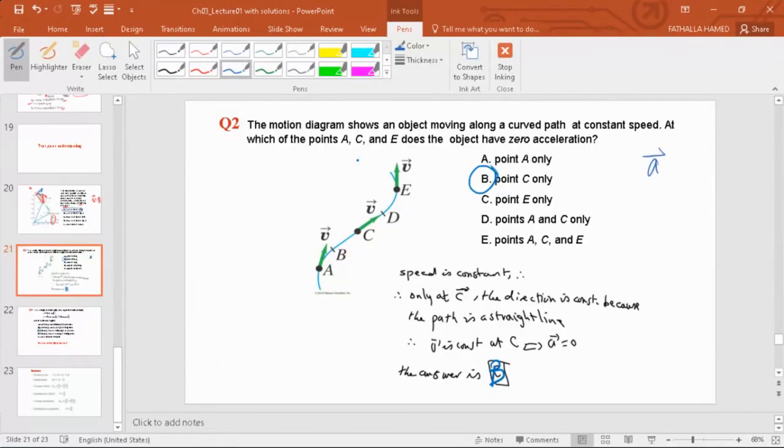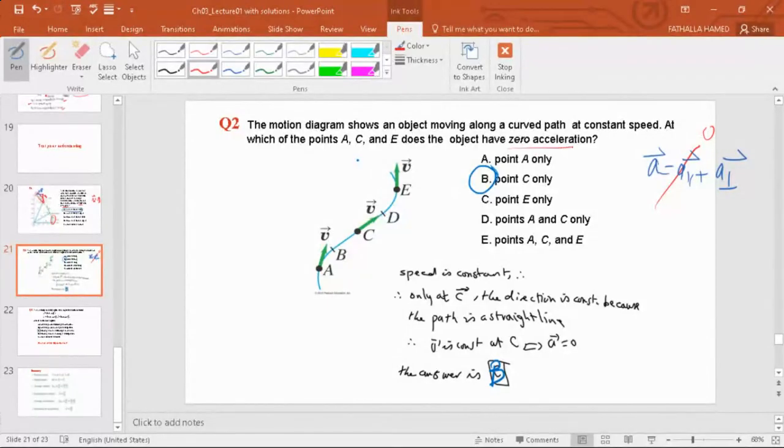You know your acceleration will have a parallel component and a perpendicular component. The parallel component is responsible for changing magnitude. The perpendicular component is responsible for changing direction. Now they tell you it's constant speed, and if it's constant speed, then this is 0. It's not there.